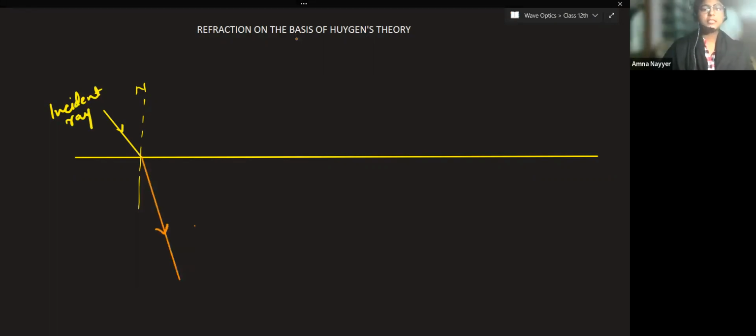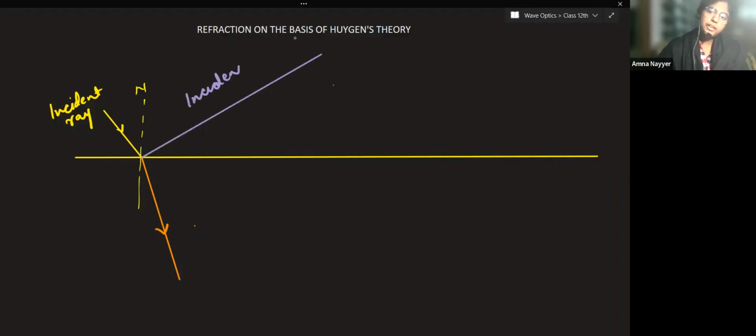This is the refracted ray. Incident ray will obviously be perpendicular to the wavefront. Both are perpendicular to each other. So this is incident wavefront. This is incident wavefront.